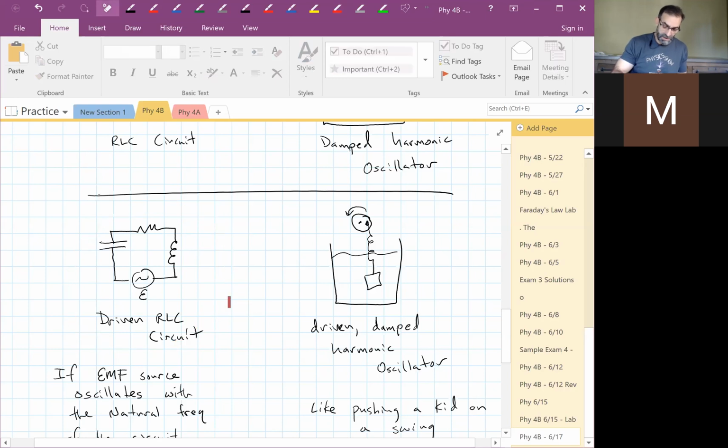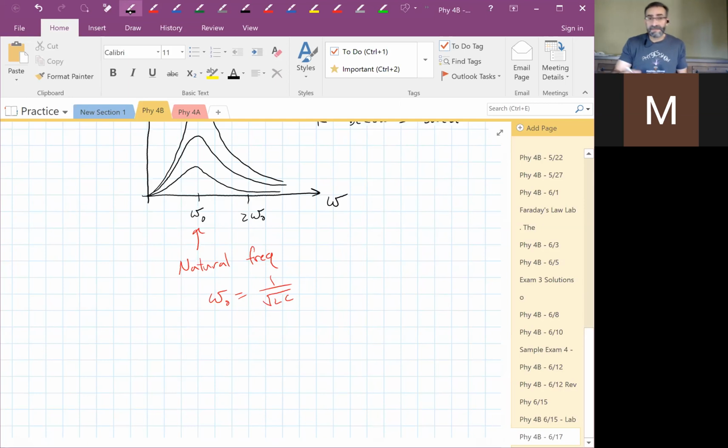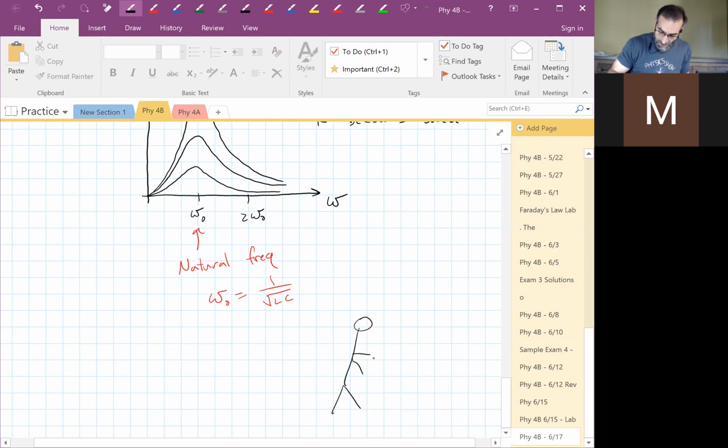let's say you have one of those metal detectors that you see somebody at the beach walking around with. It has a loop on the bottom, and that's the inductor.